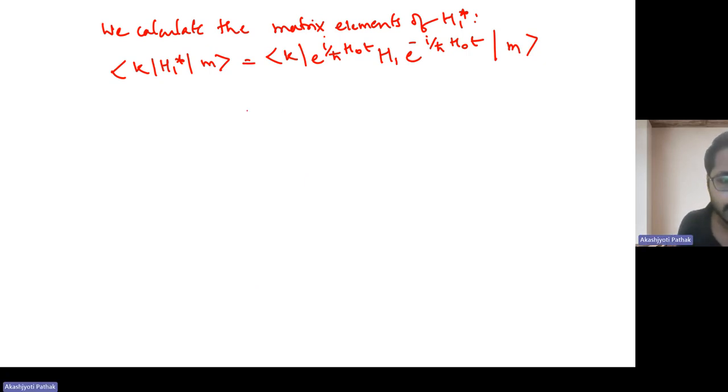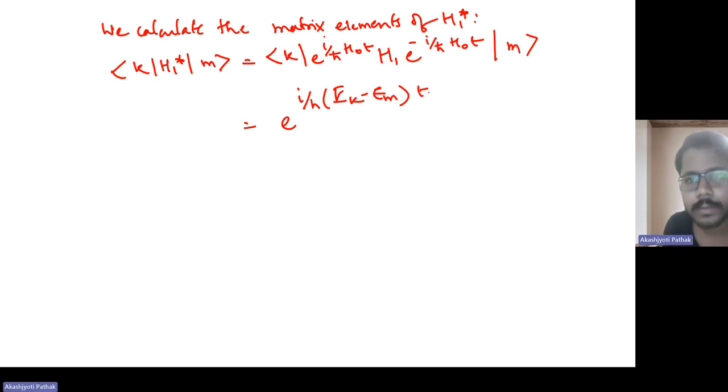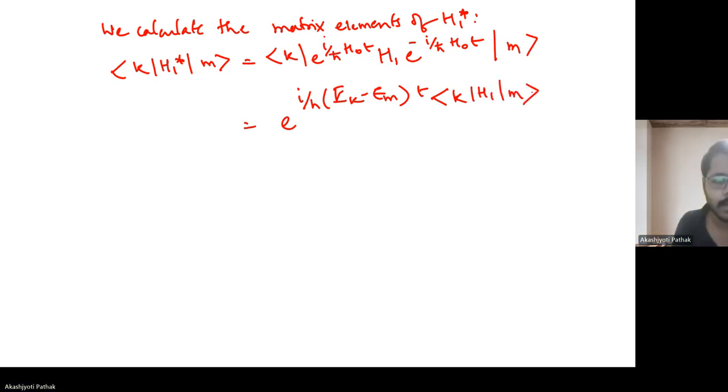That will be equal to e to the power i by h cross (Ek minus Em) t, times the matrix element a h1 m.